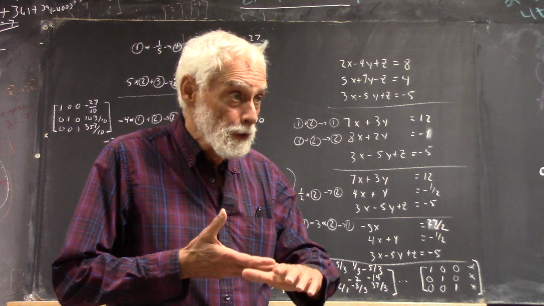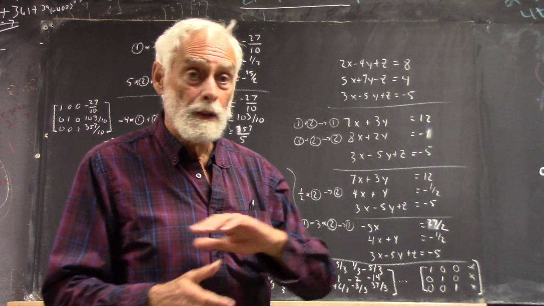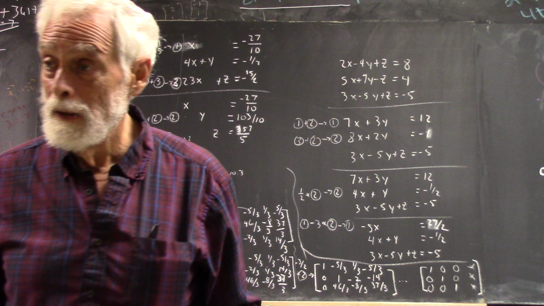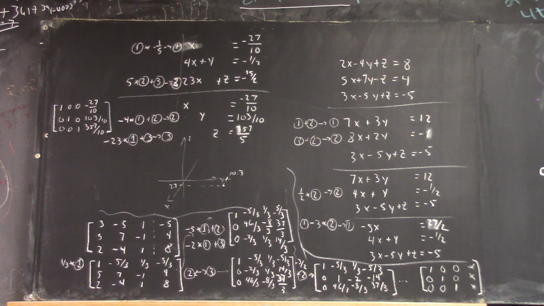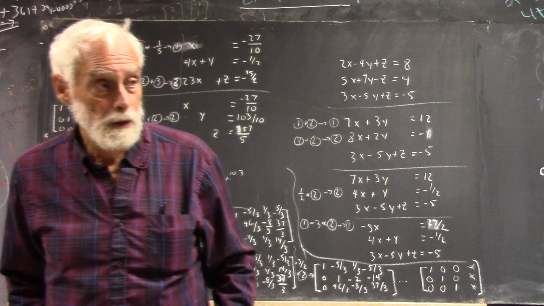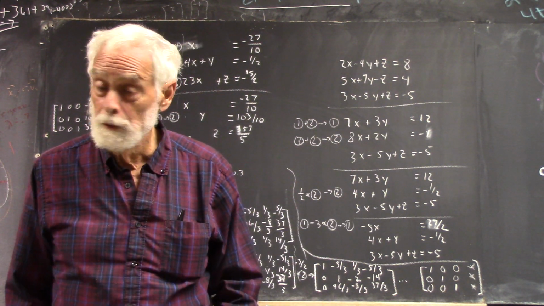I can switch equations, or I can multiply an equation by a number. So it's basically just a simplified format, just a different way of looking at it. Yeah, and this is how we do it, it's called Gauss-Jordan. We reduce to the Gauss-Jordan form, Gauss-Jordan reduction.